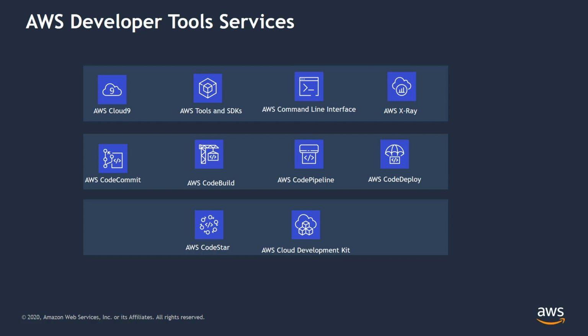CodeBuild is a fully managed continuous integration service that compiles source code, runs tests, and produces software packages that are ready to deploy. With CodeBuild, you don't need to provision, manage, and scale your own build servers. AWS CodePipeline is a fully managed continuous delivery service that helps you automate your release pipeline for fast and reliable application and infrastructure updates. Based on the release model you define, CodePipeline automates the release process every time there's a code change.